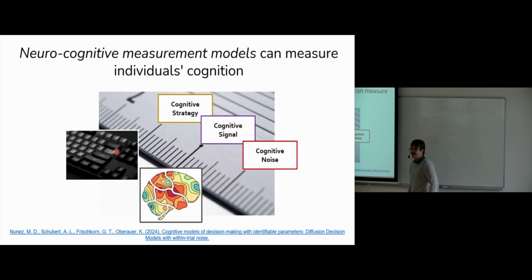A deeper reason behind this is we're interested in measuring individual differences in cognitive abilities, and we want to be able to separate cognitive signal versus cognitive noise. This is a way that we think we can do this. If there are any questions about this, maybe email me, but read the paper first.